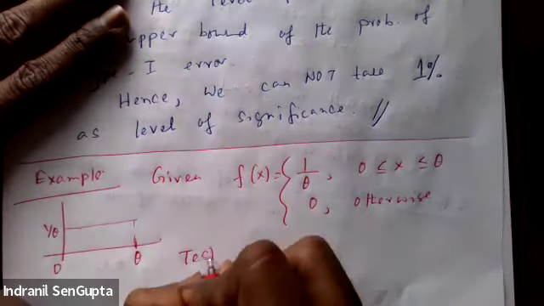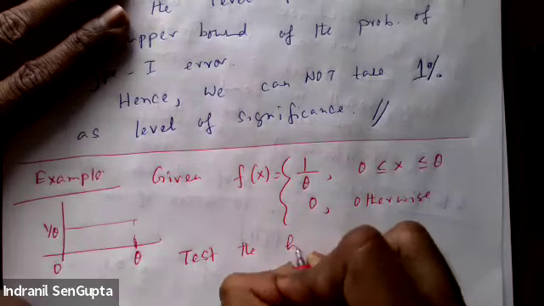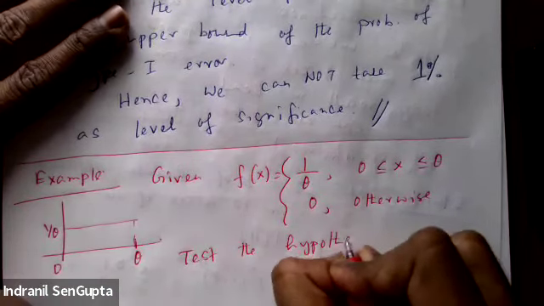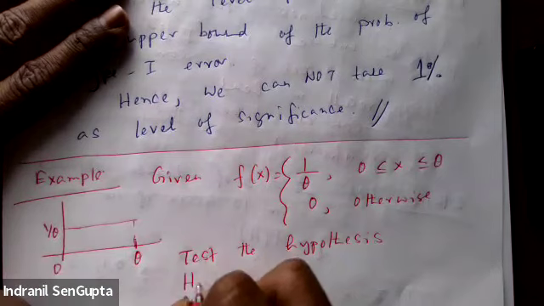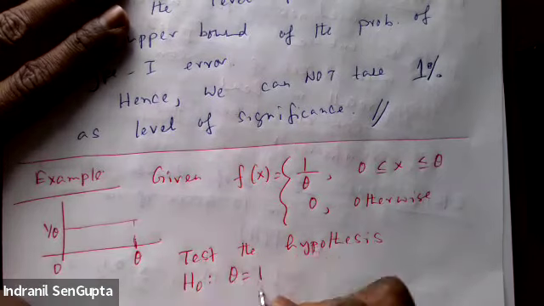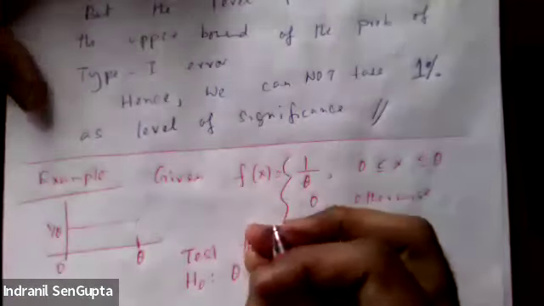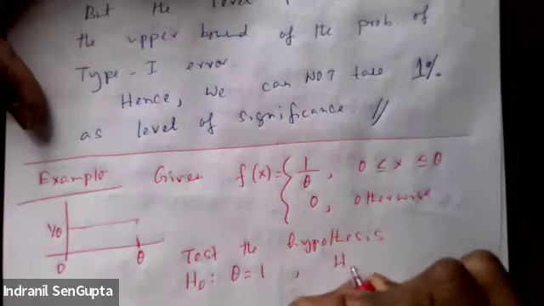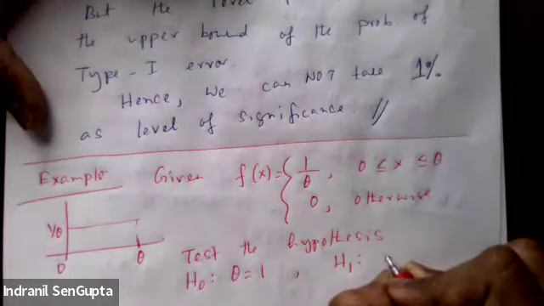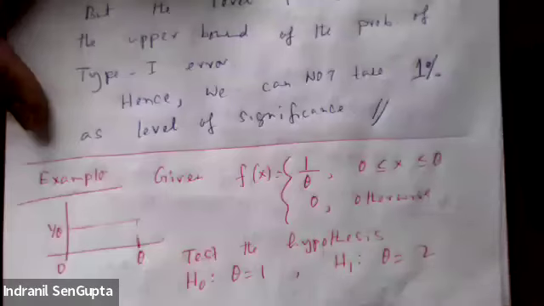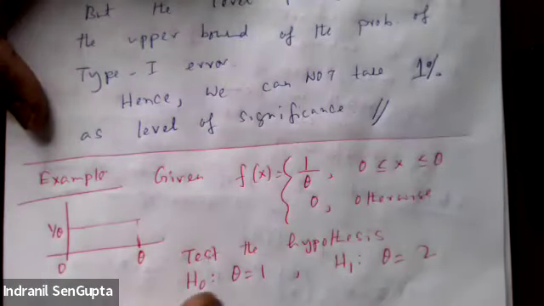Test the hypothesis H0, which says theta is 1, against the alternative hypothesis H1, which says theta equals 2, on the basis of a single observation X. We cannot just test the hypothesis, we need some sample.